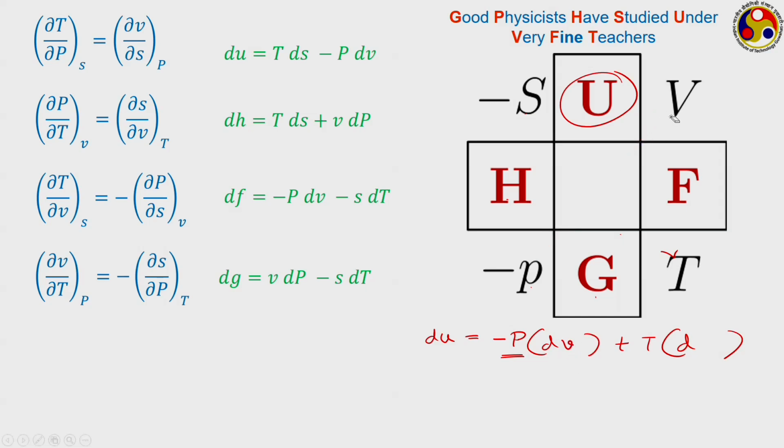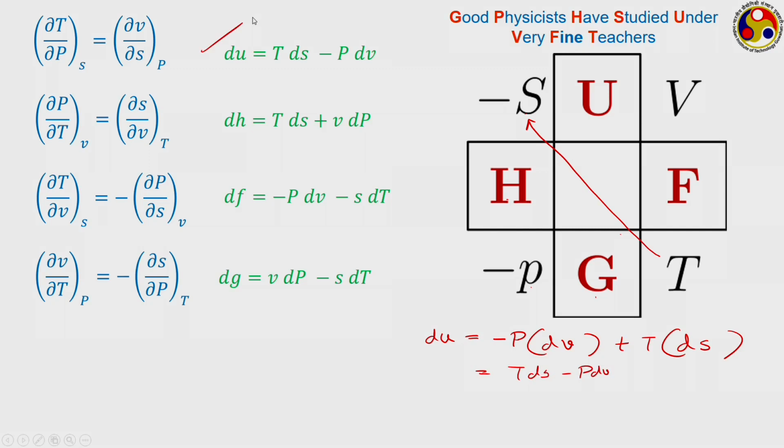Similarly, for getting T, we have to go to the opposite of this, which is S. We generally do not consider the negative sign while writing the differentials. So, it is TdS minus PdV, if I write in proper sense, which is this equation.